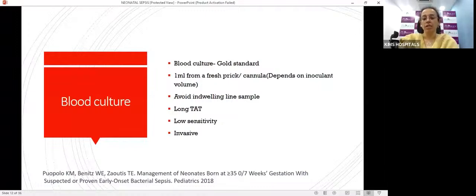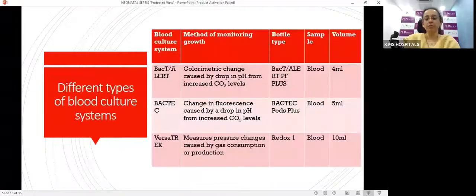So blood cultures can also come false negative. We should also avoid drawing blood culture samples from indwelling lines. The drawbacks of blood culture are a long turnaround time, low sensitivity, and that it is an invasive procedure.